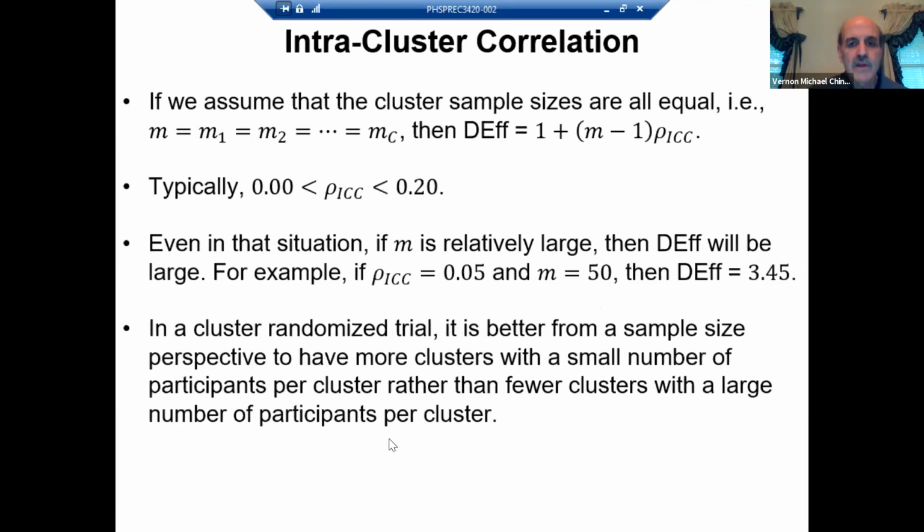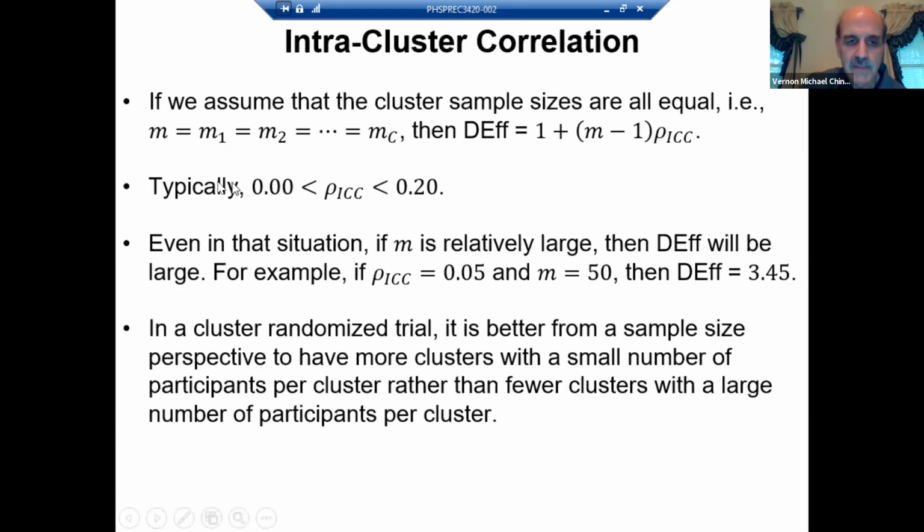All right. So how do we determine this design effect? I'm going to spare you all the statistical development of that. If we make a simplifying assumption that all the cluster sample sizes are the same when you're planning the study, it's easy to make that assumption, but when you actually carry out the study, it's unlikely to happen. But let's assume that the sample sizes for all our clusters will be the same.